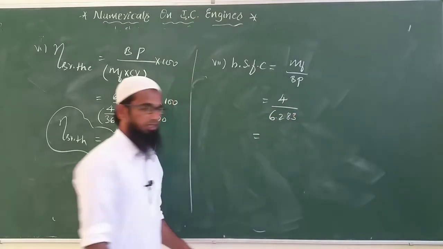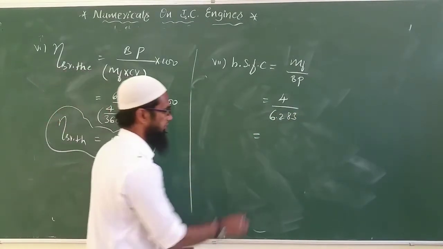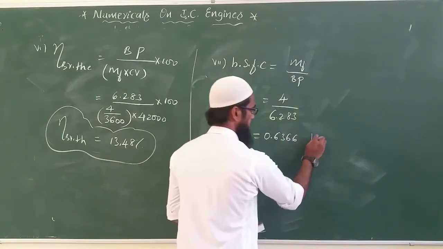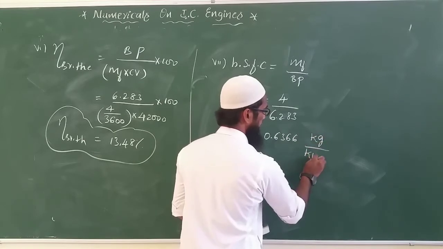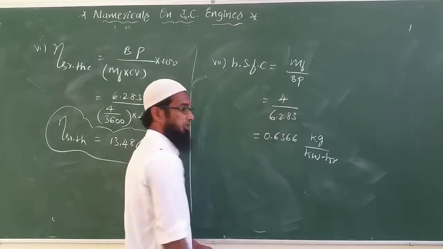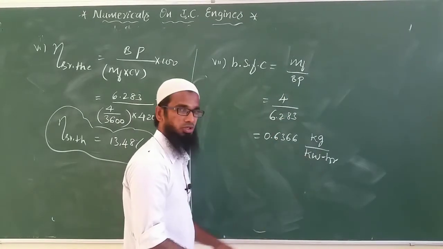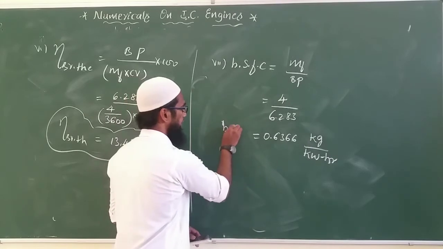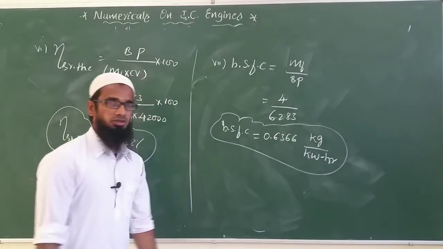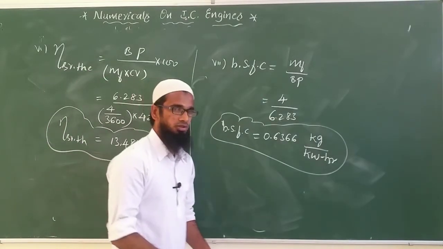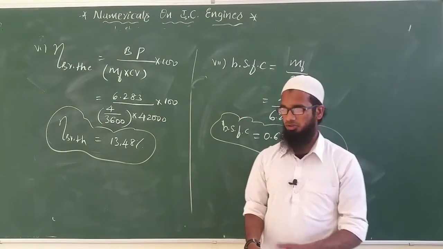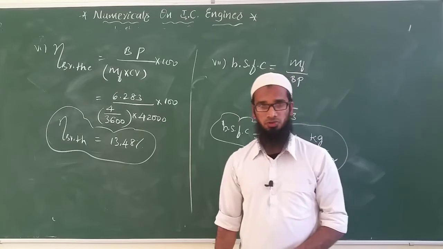Simplifying, the value is around 0.63. The unit becomes kg per kilowatt hour, because the fuel is in kg per hour and the power is in kilowatt. This gives the brake specific fuel consumption. I hope you are getting the concept to calculate the indicated power, brake power, frictional power, indicated thermal efficiency, brake thermal efficiency, and brake specific fuel consumption.